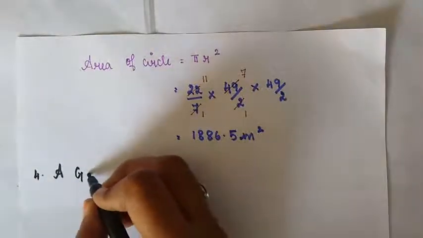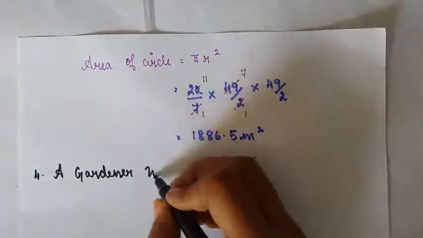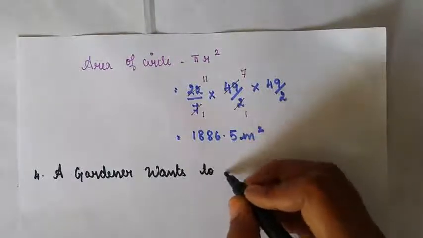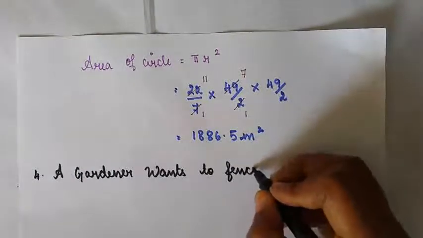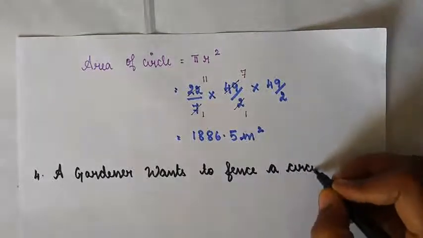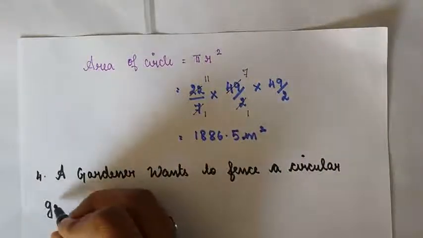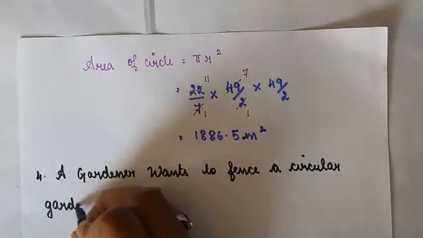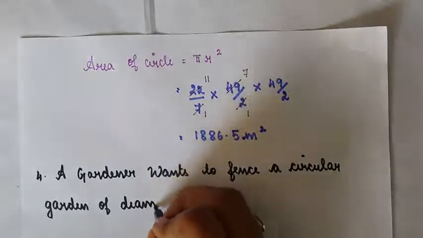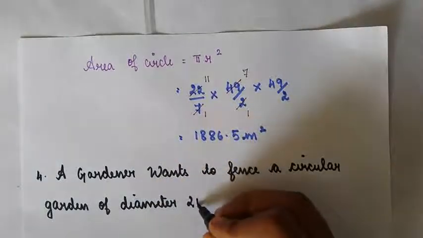A gardener wants to fence a circular garden of diameter 21 meter.